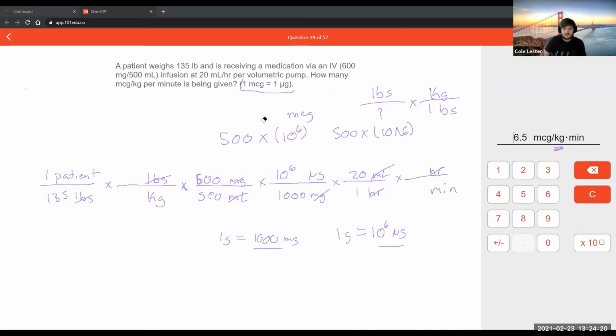10 to the 6th is 1,000,000. 10 to the 7th is 10 million. So some common factors that you should remember: 10 to the 2, 10 to the 3rd, 10 to the 6th. So for a million, 10 to the 6th, it's 1, then you add 6 zeros.